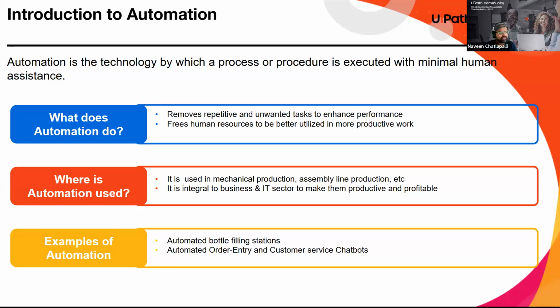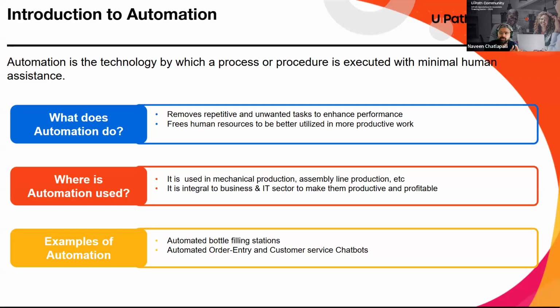It can be automation. Automation is when you take the repetitive, unwanted tasks and remove them from your routine operations to enhance performance, and you try to automate them. So removing the repetitive task and providing better, enhanced performance is called automation.